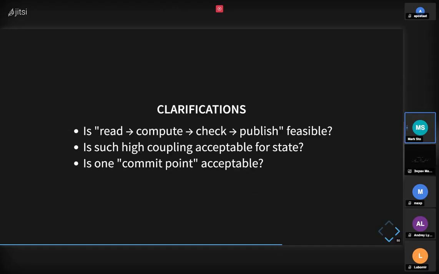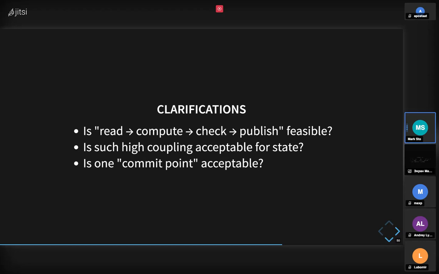So the clarifications here are: can you gather all data that participates in invariants of critical operations into one whole value so that any critical operation can read the needed state in one read, compute the new state, check invariants, so the consistency is here on the new state, and publish the new state, all happening in one atomic step?